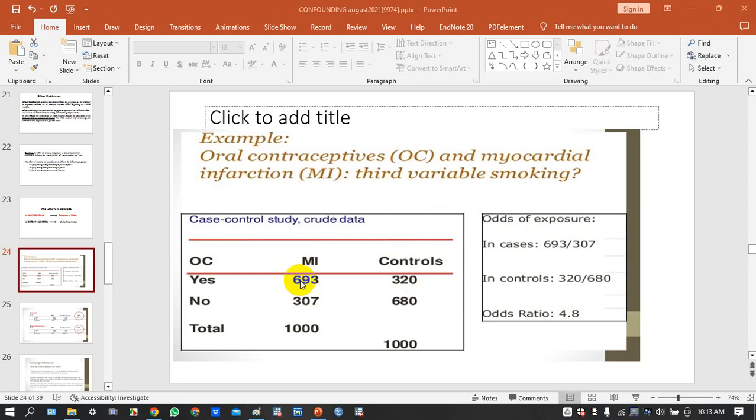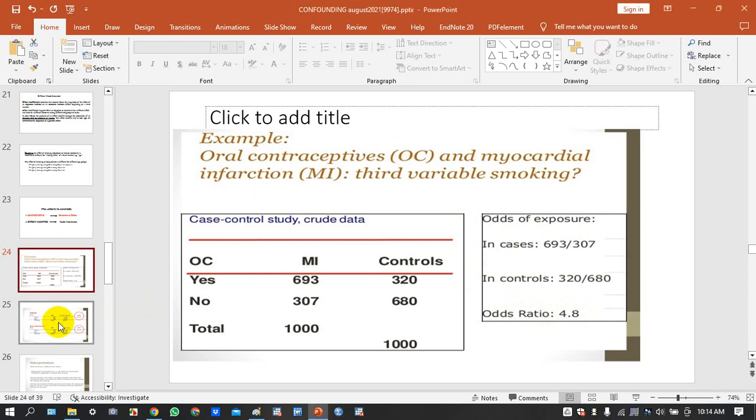Odds ratio: 693 divided by 307, 320 divided by 680, that's it. It gives us an odds ratio of 4.8. So we conclude that women who took oral contraceptives had, we approximate this to 5, so they had a 5-fold increase in odds of having myocardial infarction.